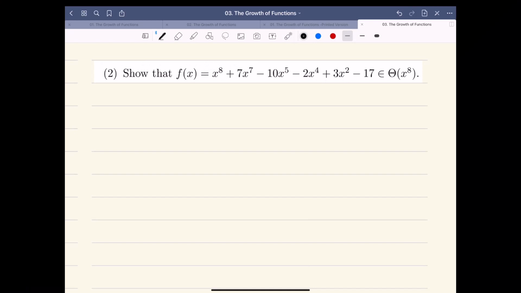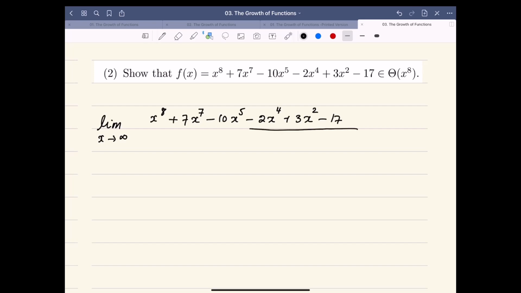To prove that this polynomial belongs to big theta of x raised to power 8, we take the limit as x goes to infinity of x raised to power 8 plus 7x raised to power 7 minus 10x raised to power 5 minus 2x4 plus 3x square minus 17.